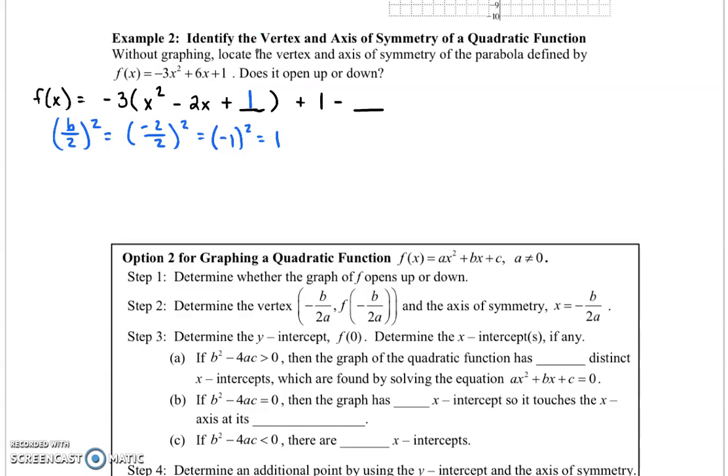The answer is actually no. We actually added a negative 3 because when we distribute that negative 3 back through this parentheses, we have to multiply the negative 3 times the 1. So that means where we're subtracting on the outside in our second blank, we are actually subtracting a negative 3.